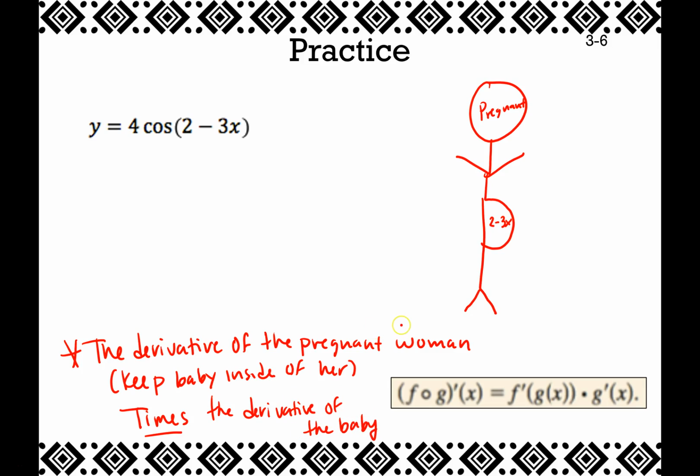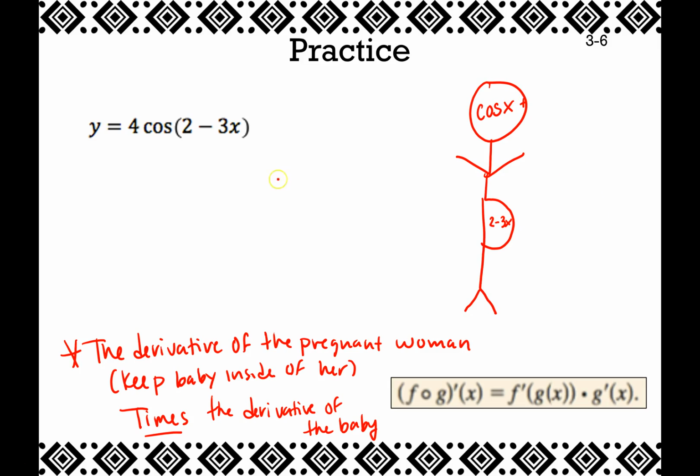So you're going to take the derivative of the pregnant woman, keep the baby inside, times the derivative of the baby. Well, in this case, we can think of the cosine, or 4 cosine, but let's just say cosine, as being the pregnant woman. And inside of the cosine is the 2 minus 3x.